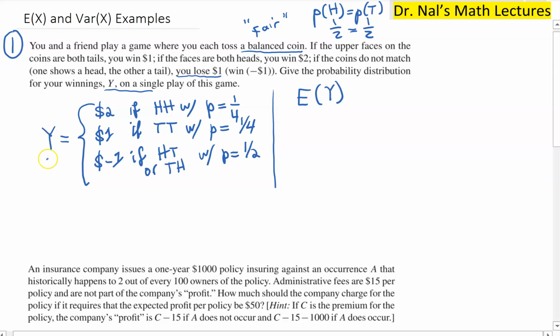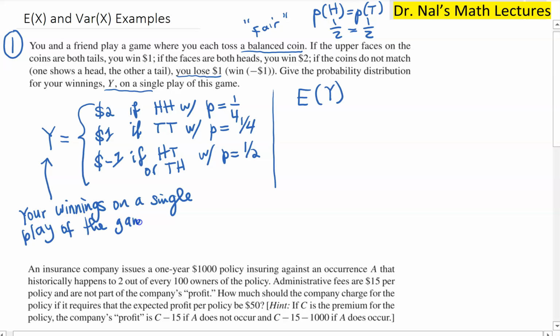Again, y represents, maybe I should write that down, your winnings, not your friend's, your winnings on a single play of the game. In a single play, you both flip just a single coin each. All right, so what is your expected winnings from this?